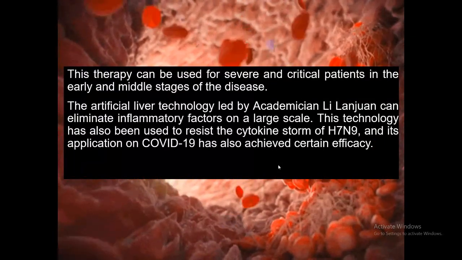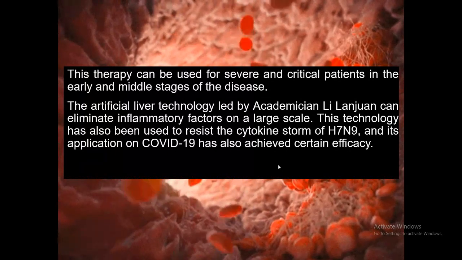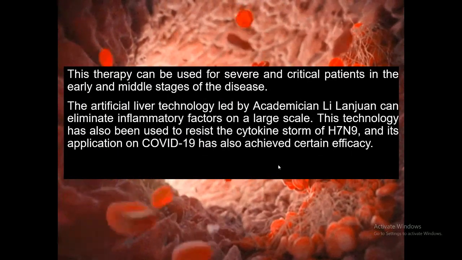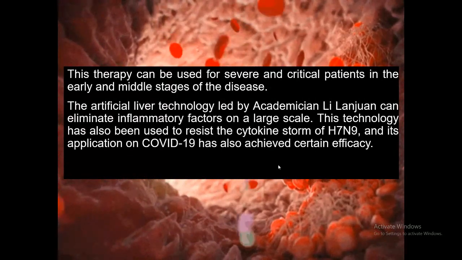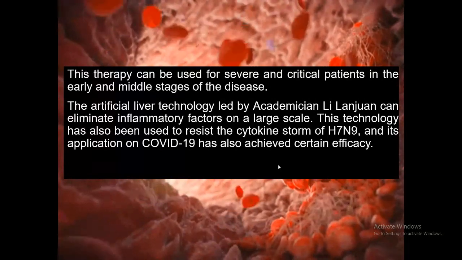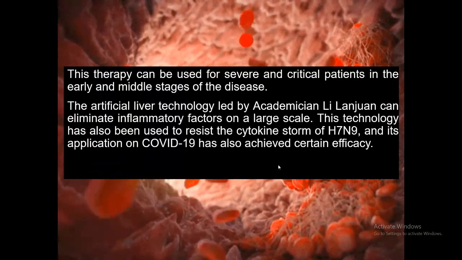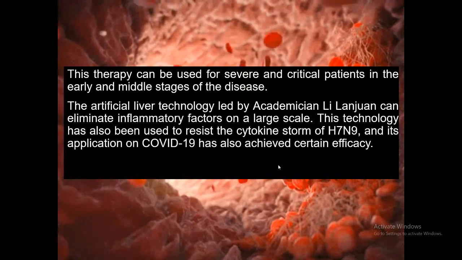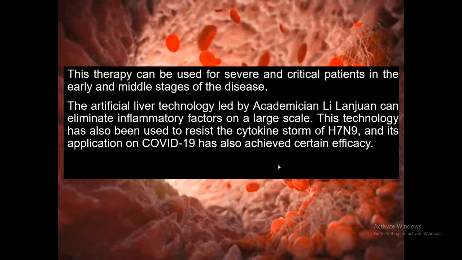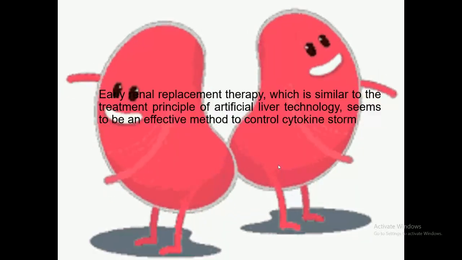It can be used on severe and critical patients, and also another technology like artificial liver technology. This was used in resistant cytokine storm in H1N1 and H7N9, and its application is promising in COVID-19 patients. Still all under clinical trial and study.